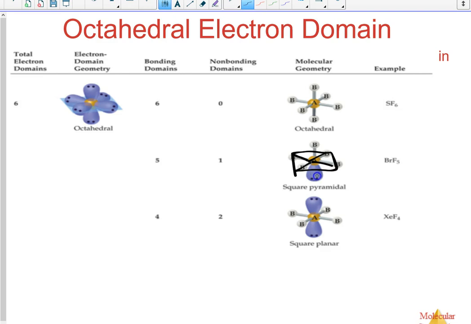But they're going to be pushed away from the blue, so that makes them somewhat pyramidal. All right, and then we have square planar, when my 2 non-bondings come up here. It's still square, 4 sides, but this time it's planar because there's nothing pushing one side away harder than the other.